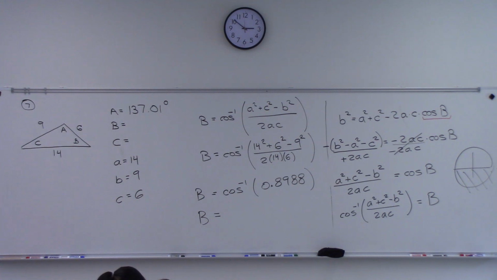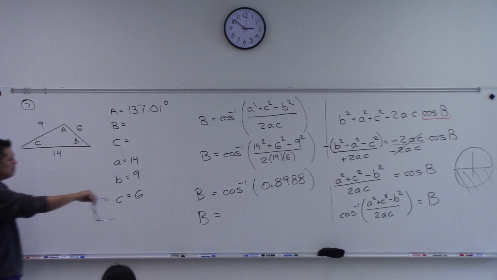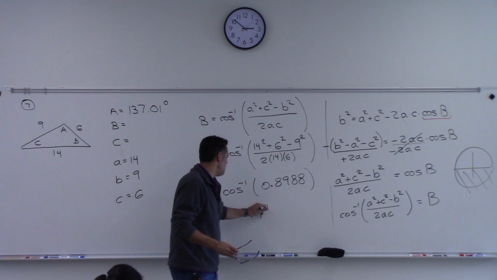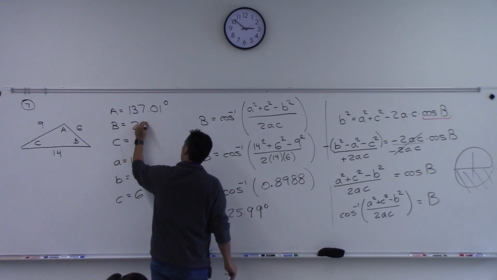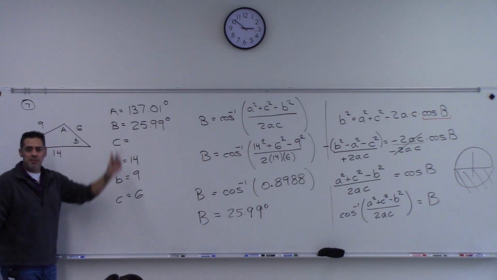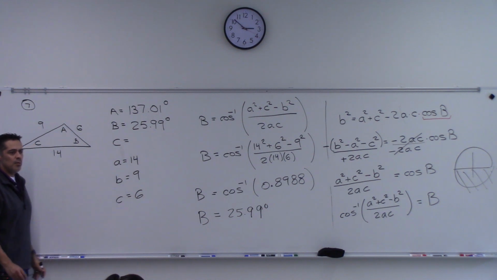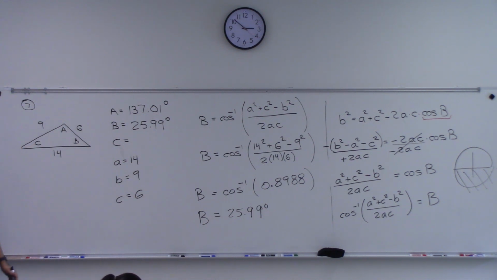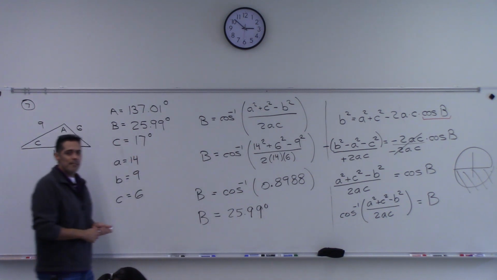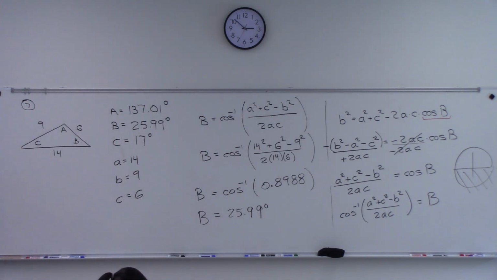Okay, what do y'all get? 25.99? 26, I guess. So that's B, 25.99 degrees. And then you know that they all add up to be 180, right? So now you can get the last one without using a formula. Just check real quick that the biggest angle goes with the biggest side, and the smallest angle with the smallest side. We're good to go.